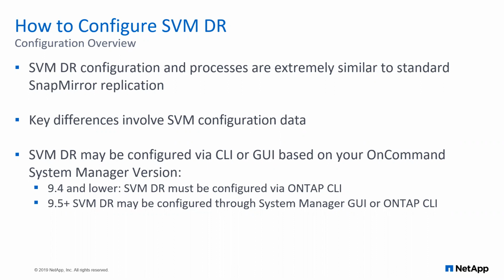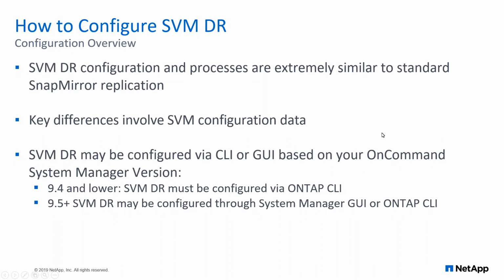If you have ONTAP 9.5 in your source and your destination, you can actually use the System Manager graphical user interface instead of the CLI if you prefer. For today's demo, I'm going to stick with the CLI just because ONTAP 9.5 is real recent, and I'm assuming that a lot of you haven't made that upgrade yet. So we'll keep it simple, but I will give you resources to understand how the System Manager version works as well.